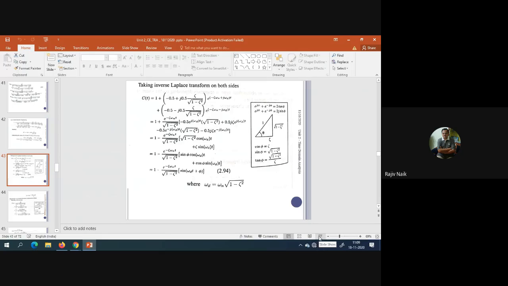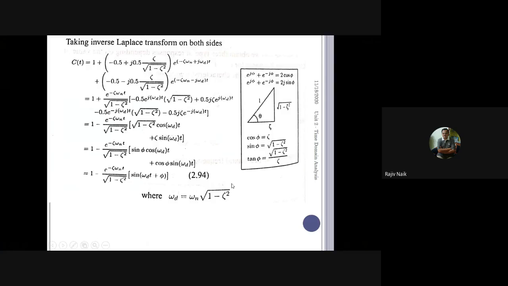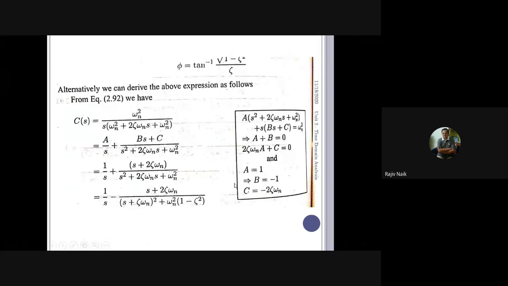Coming back to the next step, this is another way of doing the same derivation alternately. See here, this is explained like this.